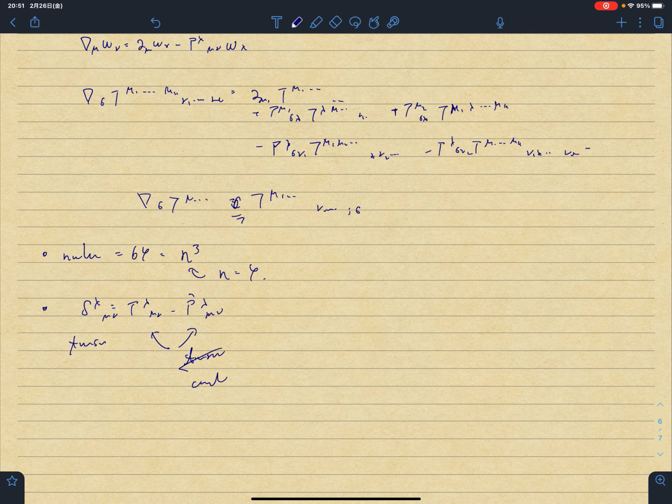So let's take a vector V. Since the difference must be a tensor, any set of coefficients can be expressed as some fiducial connection plus a tensorial correction.